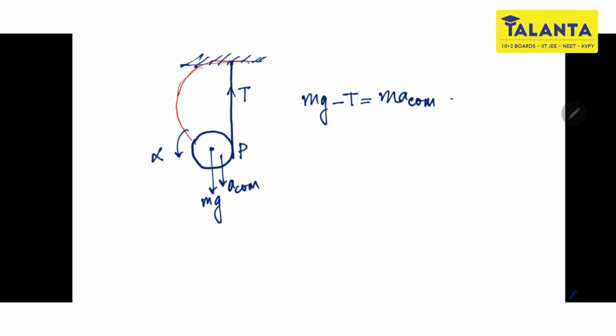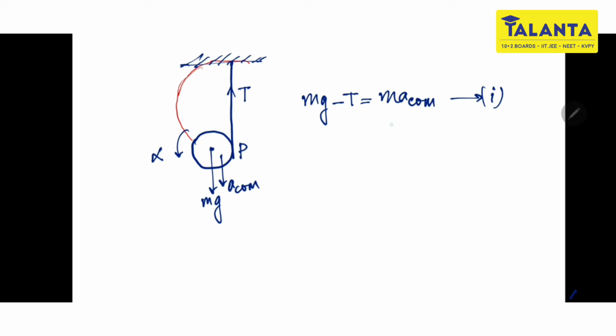Here this is the angular acceleration alpha, here is mg, here is the acceleration of the center of mass, here is tension T, and consider this is point P. For translational mechanics, mg minus T equals ma. This is equation number 1.